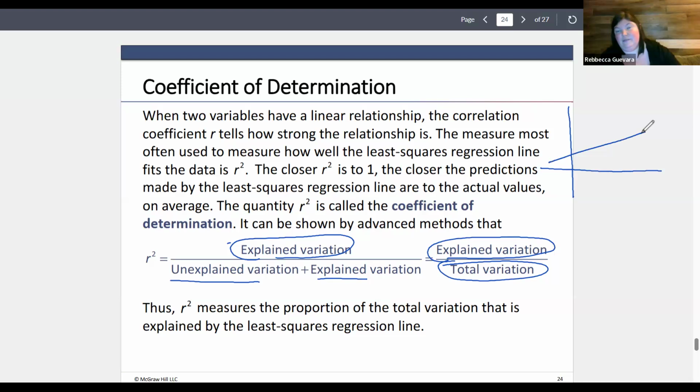So basically, this is my line. This is Y bar. This is your point.